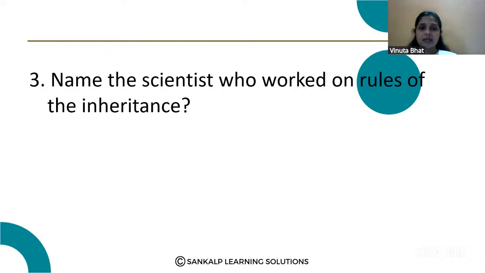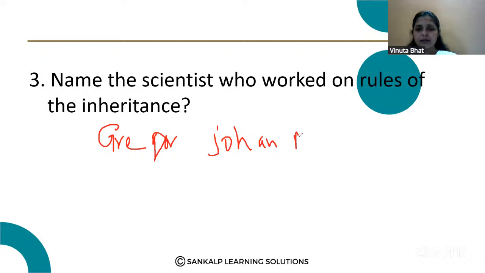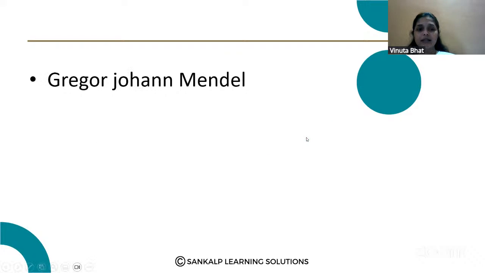The scientist's name is Gregor Johann Mendel. He worked on the rules of inheritance. Please remember the name of the scientist.